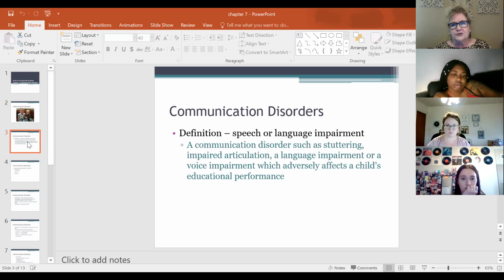It's a communication disorder such as stuttering, impaired articulation, a language impairment, or a voice impairment, which adversely affects a child's educational performance. Now, that's the key part there at the end, that it has to be something that adversely affects the child's educational performance. So it's got to impair them enough that it impedes their learning.